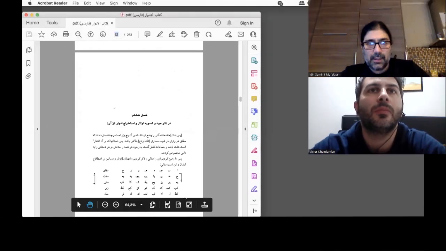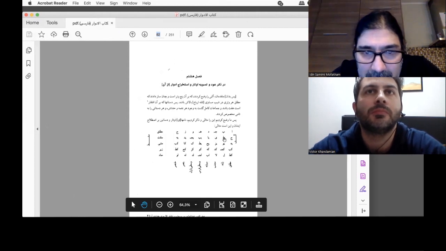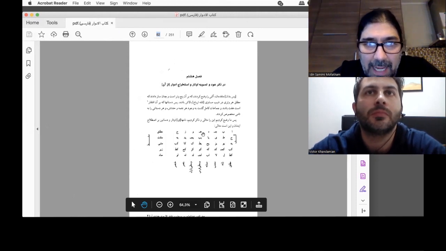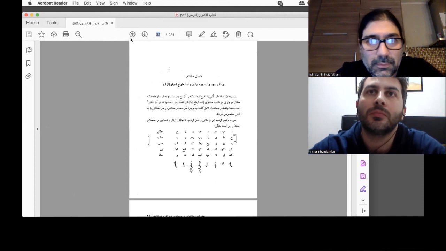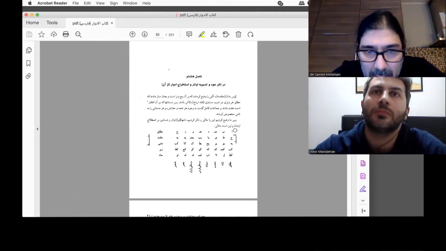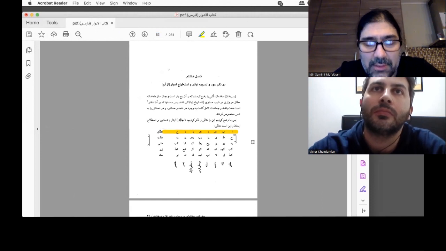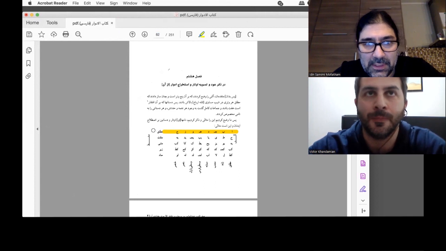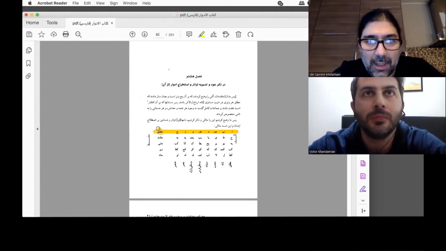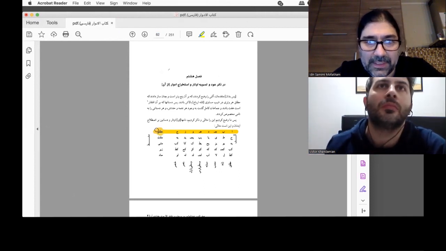Now, page 82. Here is this alphabet system, this abjad system that I told you about. Here, for example, this is the base string on the oud, and this word here says motlaq, which means the open string.